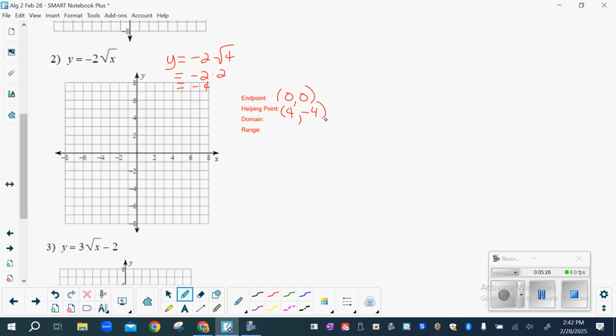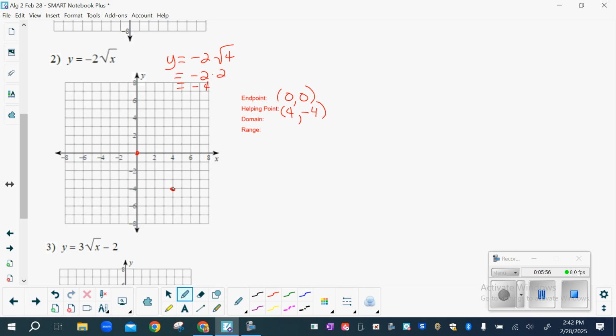Okay, domain and range. Tell me what the domain and range is. Be careful. Oh, let me draw the graph first. Sorry about that. 0, 0, and then we have a point at 4, -4. So this is my endpoint. This is where I start. Is my graph going to go like this, or is it going to go like this?